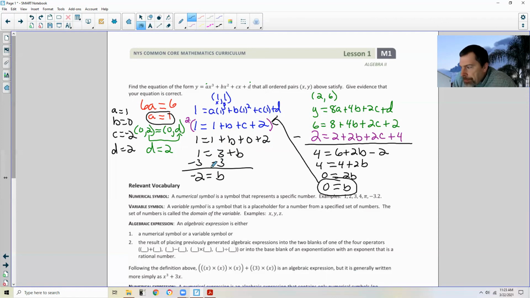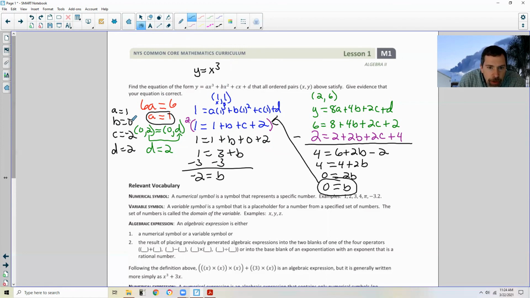All right. So what do we have? If we're using this formula, and I ran out of room a little bit, so I'll put it up here in line with this, I'm going to get y equals, a is 1, no need to write it, x cubed, plus b times x squared.